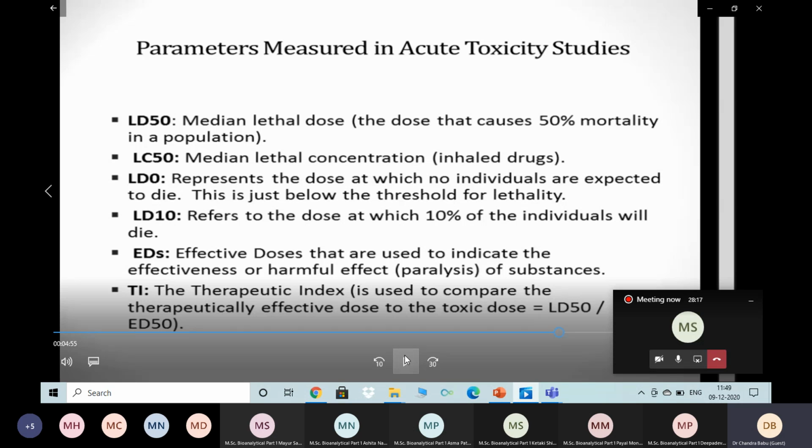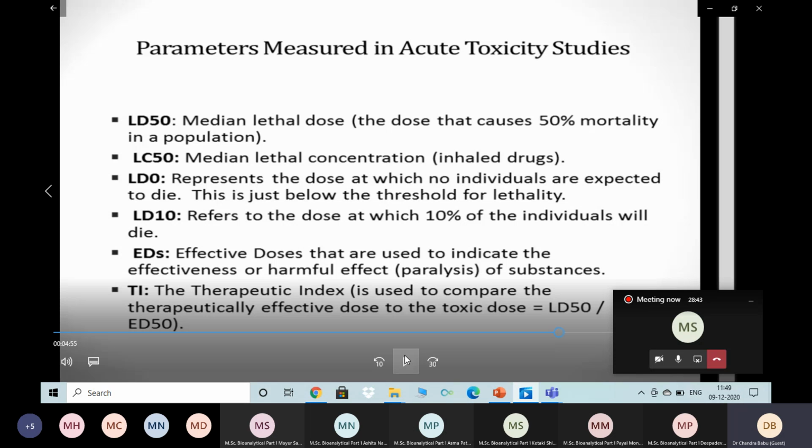So here you are not deciding the dose. The dose is determined by how much the respiratory system is taking in. So there we only know the concentration of the gas or concentration of the liquid that the organism is exposed to.